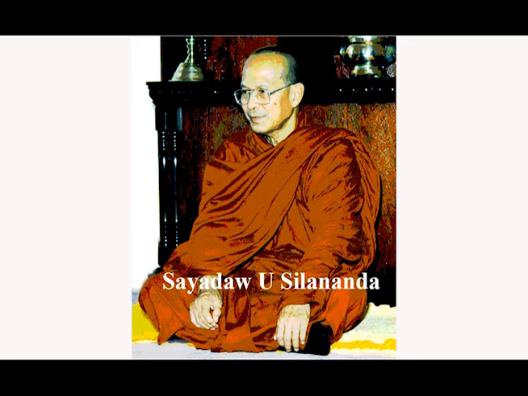In order for the strong attachment and strong wrong view to arise, there must be what? Weak, or a weaker attachment. So what is the condition of grasping? When the Bodhisattva contemplated on this, he found out that the condition of grasping is craving. Now craving, in Pali, is called tanha. The literal translation of tanha is thirst.